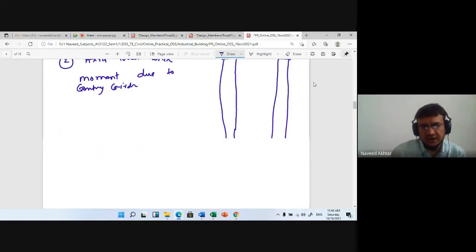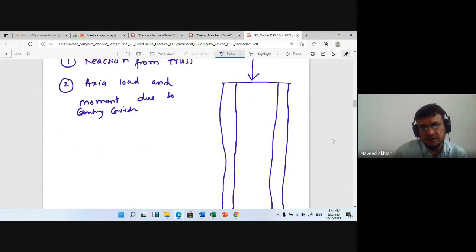If you are providing the gantry girder like this, this is your bracket, and over the bracket your gantry girder will rest like this. This is the gantry girder.